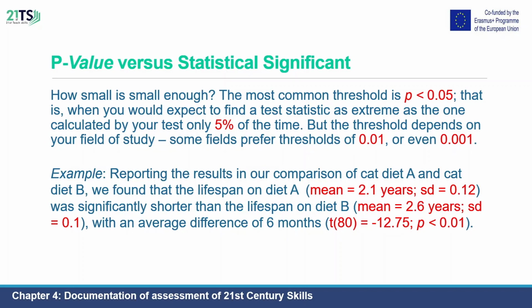T 80 equals minus 12.75 and P lower than 0.10.